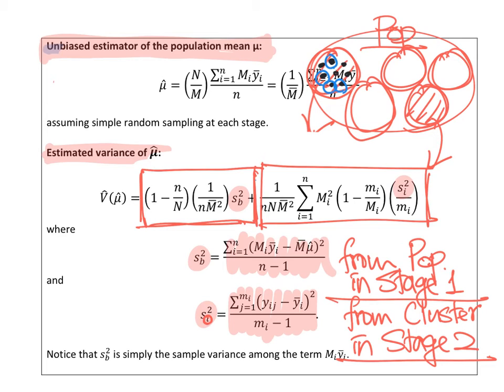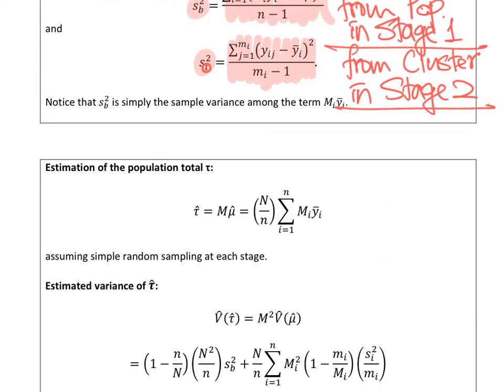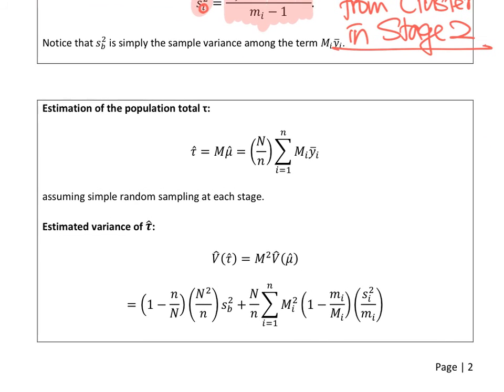So we have the 2 estimations. One is for the mean and the other one is for the variance. And now here's another estimation for the population total, and this one is the estimated variance of the total. So simply, at the beginning there is the M and M square. Again, the M was the summation of the big MIs in the population.